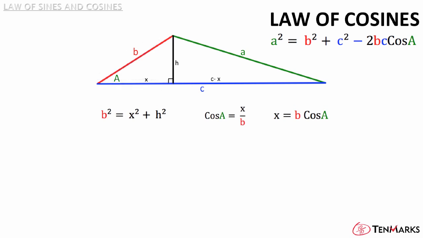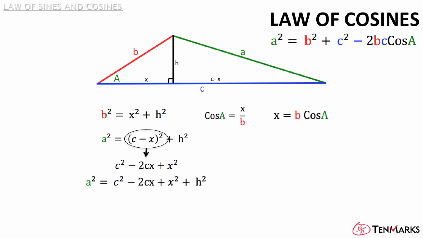For the bigger triangle, you can use the Pythagorean theorem to write that a squared is equal to c minus x squared plus h squared. Expand c minus x squared to get c squared minus 2cx plus x squared, and rewrite the equation. Looking at the whole equation, you can't simplify anything, but you can substitute a number of things in. Looking back to the first step, x squared plus h squared is equal to b squared.